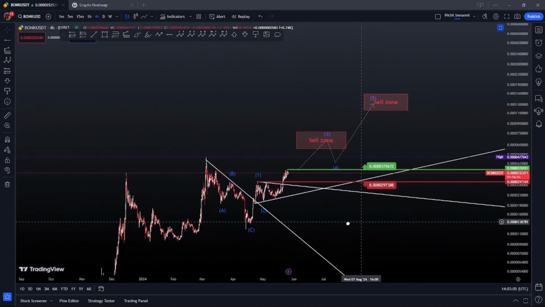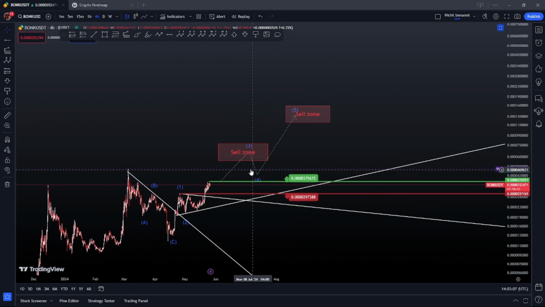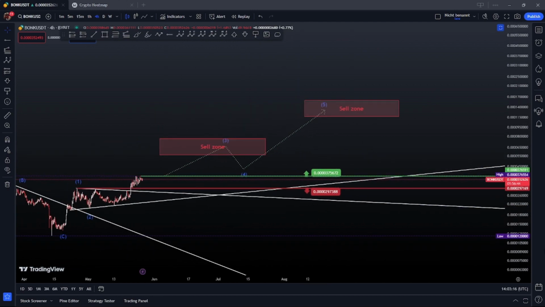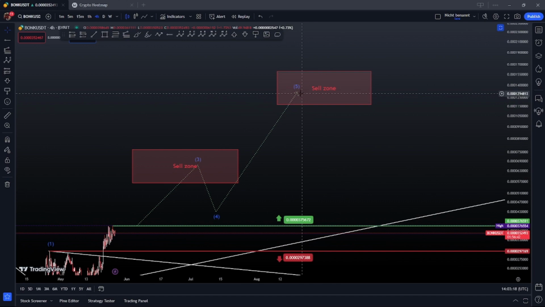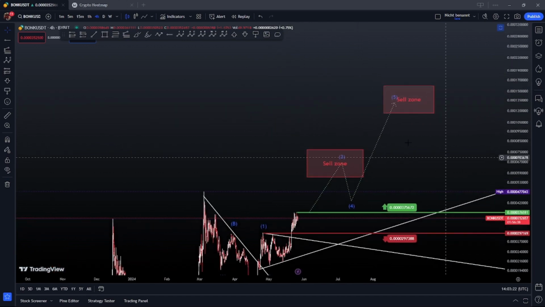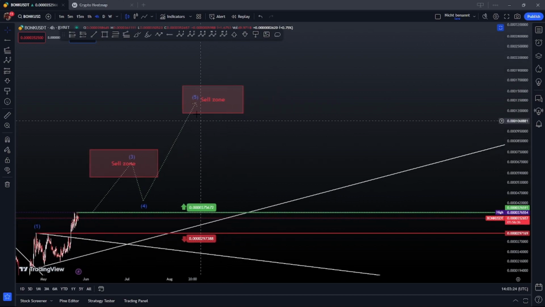I drew it especially tiny because I'm not expecting the correction to be very big, and that will lead to us moving to the sell zone and completing our wave 5.